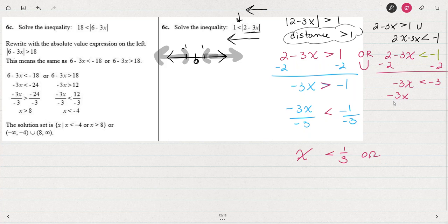Dividing by negative 3, so watch this carefully. When I divide by a negative, the less than flips to greater than. So we've got x greater than positive 1.